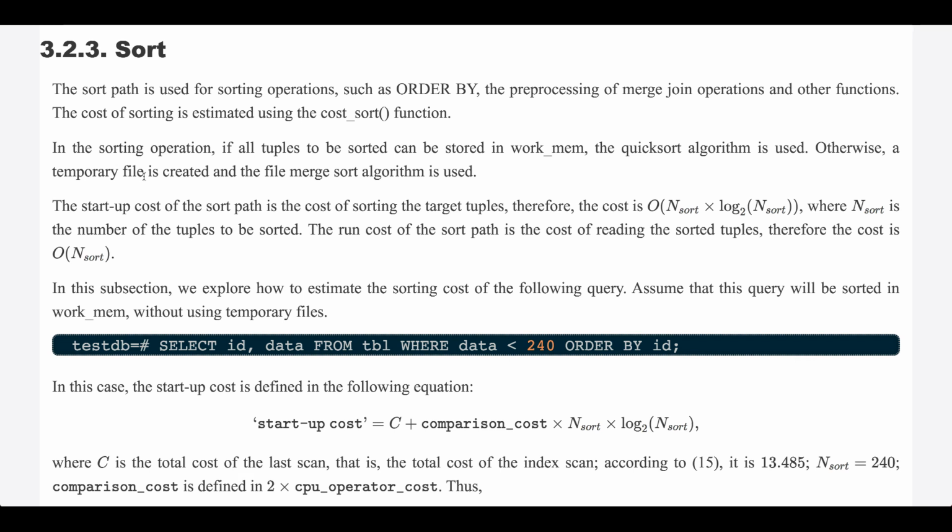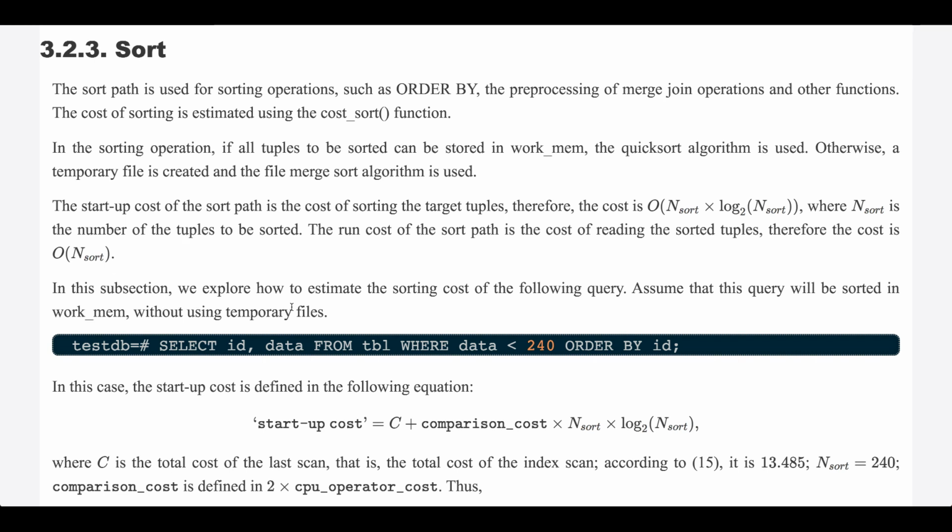Otherwise, a temporary file is created and the file merge sort algorithm is used. The startup cost of the sort path is the cost of sorting the target tuples. Therefore, the cost is O(nsort times log2 nsort), where nsort is the number of tuples to be sorted. The run cost of the sort path is the cost of reading the sorted tuples. Therefore, the cost is O(nsort).